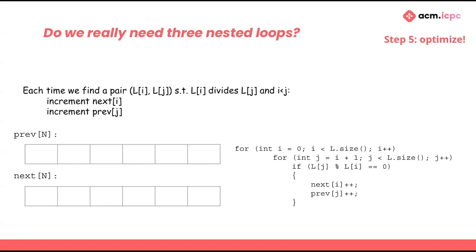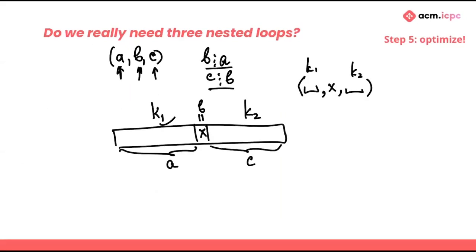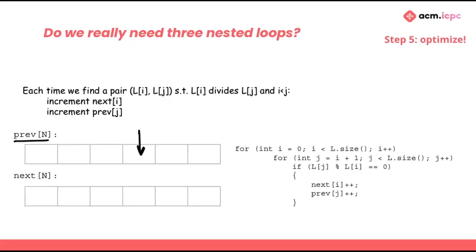So we'll use array pref to store the number of elements for each entry. We will store the number of elements that go before that element and divide it. So basically, we will store our number K1. K1 goes here.